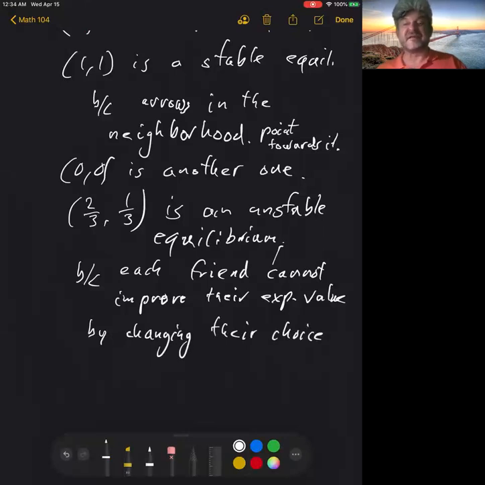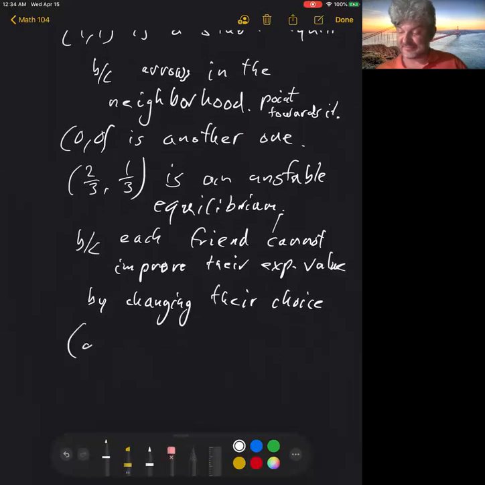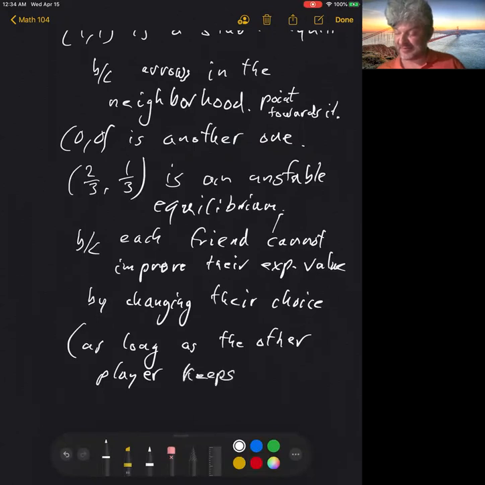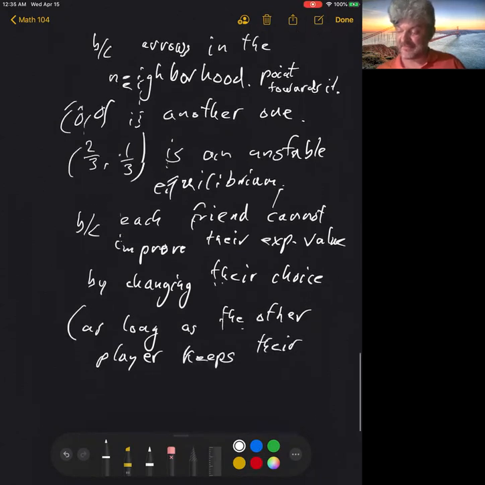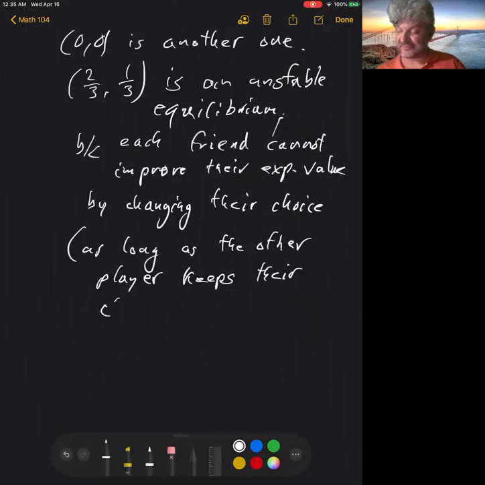But the key is the other friend does not change anything. The other player or friend keeps their choice the same.